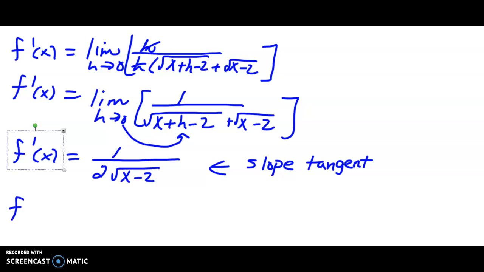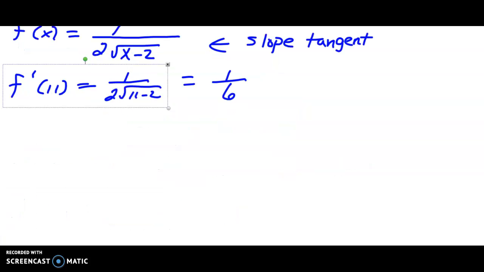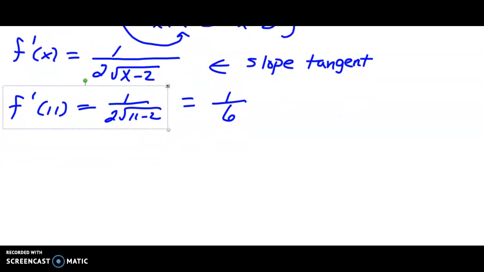But I want the derivative for when x is 11. So I'm going to go back and substitute in 11. And I will get square root of 9, which is 3, and 3 times 2 is 6. So the slope of the tangent line at the point x is 11 is 1/6.